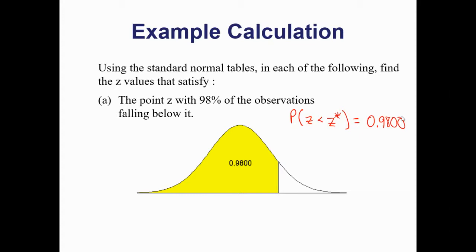I want to look for the closest value to 0.98 in the middle of my chart. Don't start on the edge. Look in the middle of the chart. What value do you find that's the closest to it?